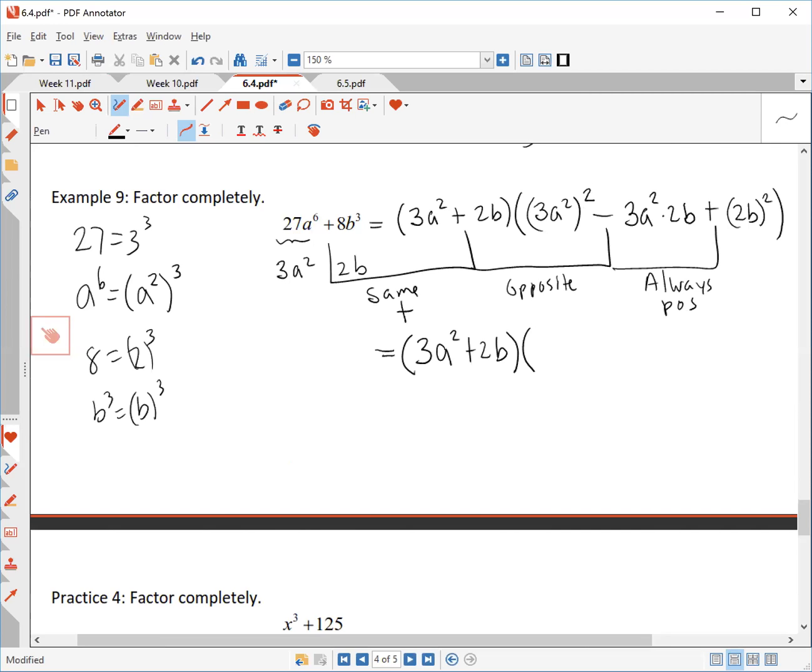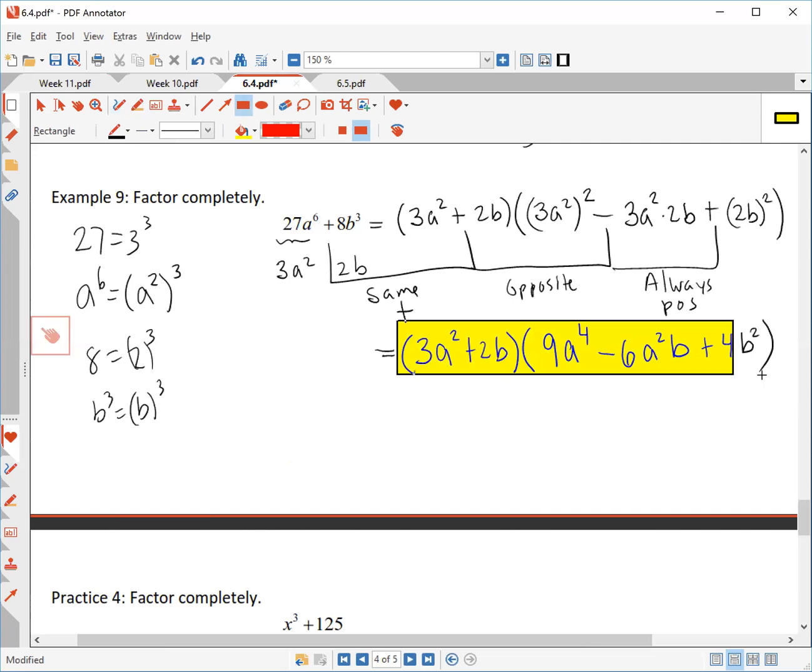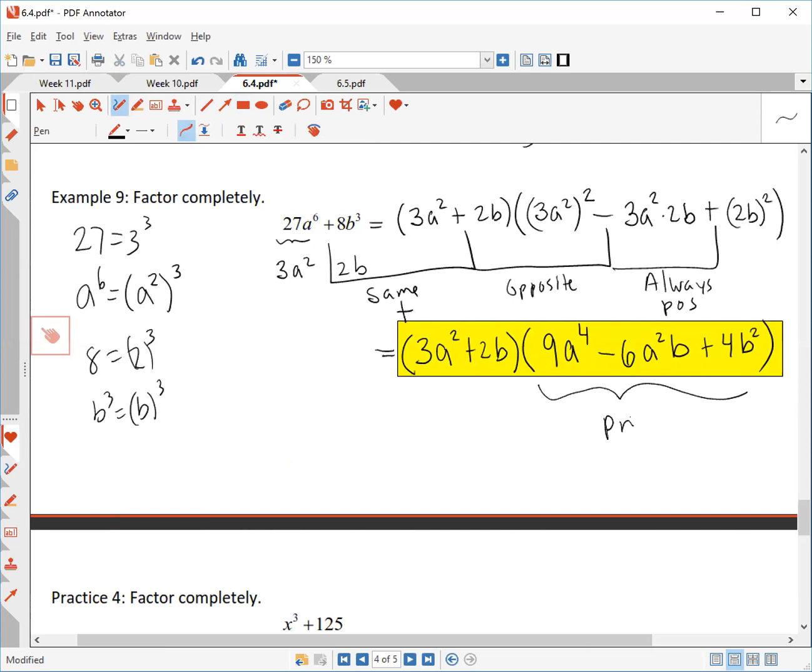We have to square the 3a squared, which is 9a to the 4th. 3 times 2 is 6. A squared b. And then 2b squared is 4b squared. And again, don't waste your time trying to factor the trinomial. That will always be prime.